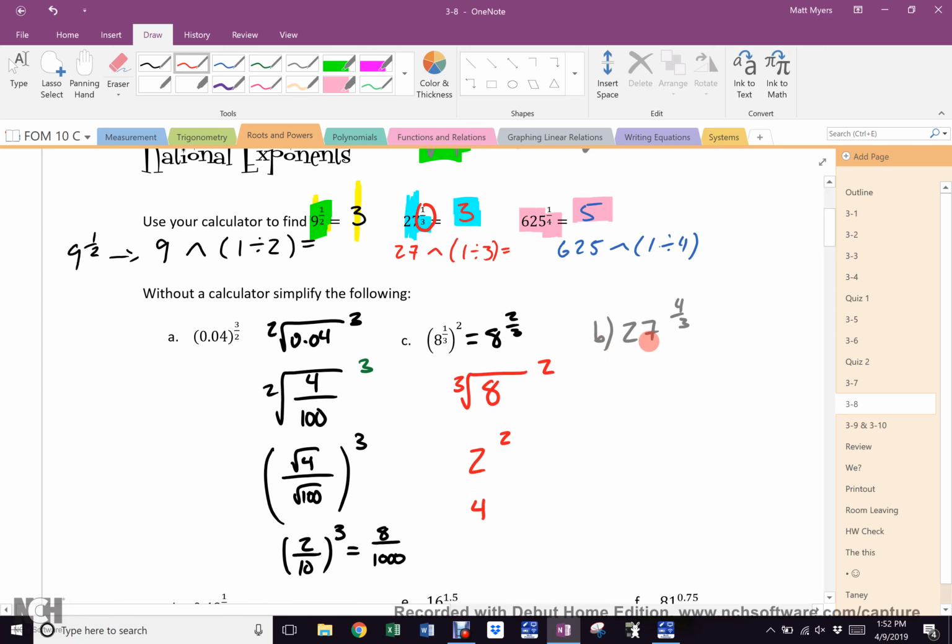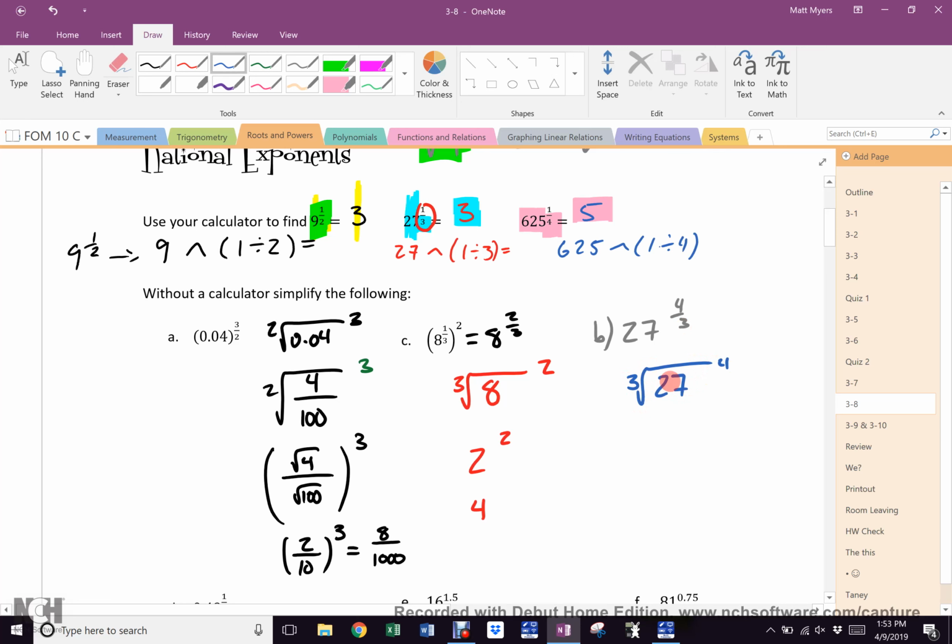Okay. Let's go to B. I have a base and a fraction exponent. Where does the denominator go? Index. Where does the base go? Radicand. Where does the numerator go? Power.